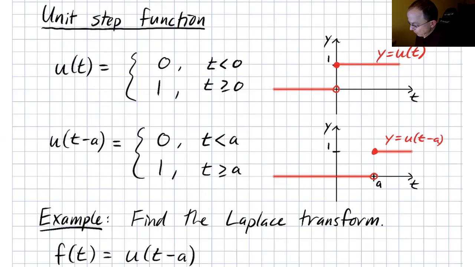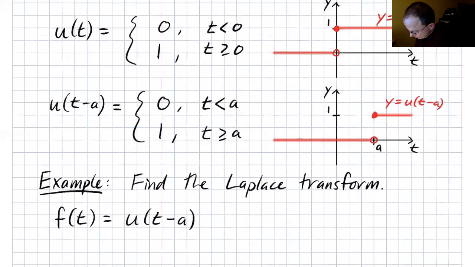Now, if we want this discontinuity to happen in a different place, we just subtract a, and that will shift this function over to the right by a. So now this discontinuity is happening at a instead.